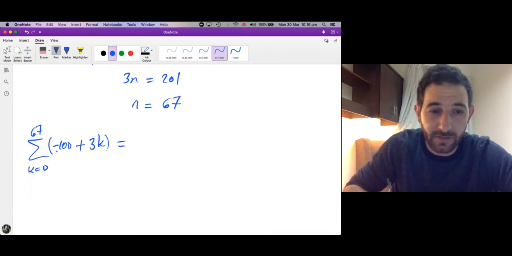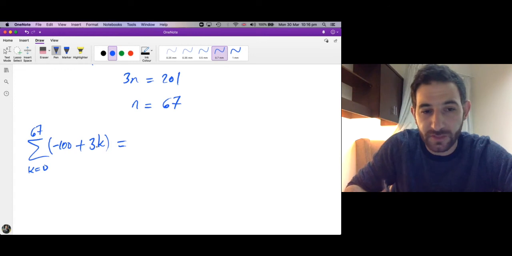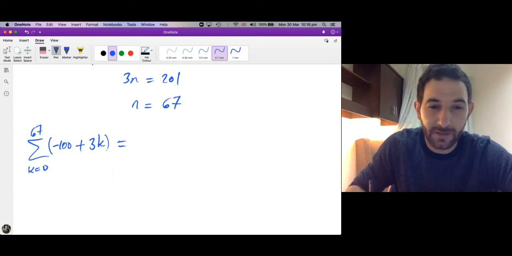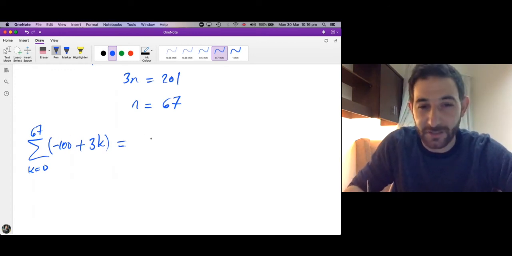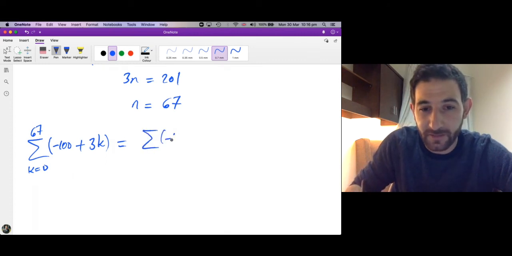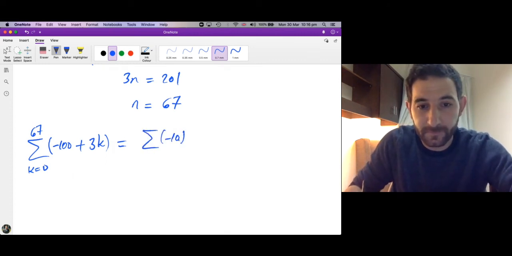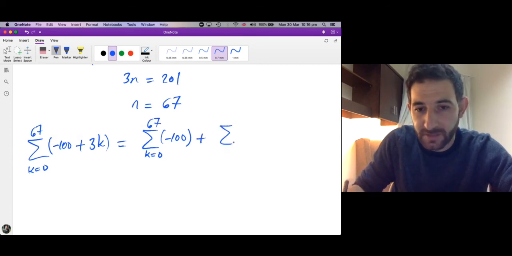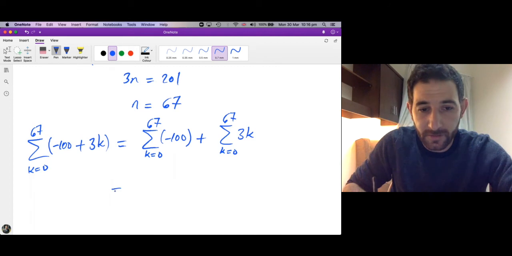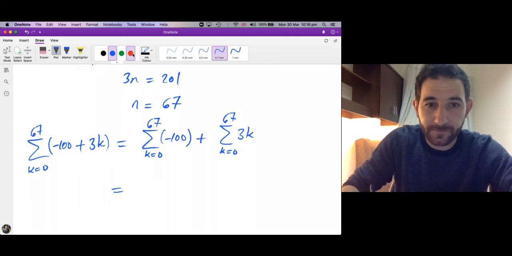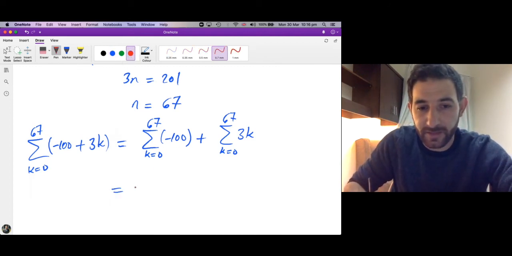Remember, the summation of two sequences is the summation of each sequence. So this is the summation of negative 100, where k ranges from 0 up to 67, plus the summation of 3k, where k starts from 0 and stops at 67. And now we've seen that this is a constant number. We can take it outside.